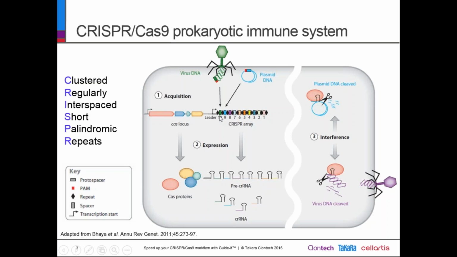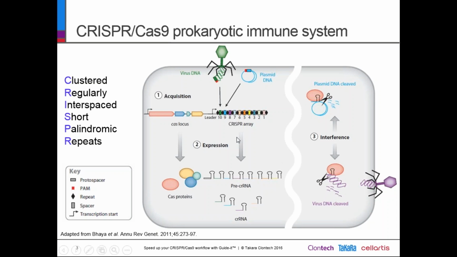And it has also been shown that bacteria tend to integrate short pieces of foreign DNA into these CRISPR arrays. So for example, DNA from invading phages or plasmids. These CRISPR arrays are often located next to a so-called Cas locus, here shown on the left. And upon expression, the Cas locus will produce the so-called Cas endonuclease proteins.